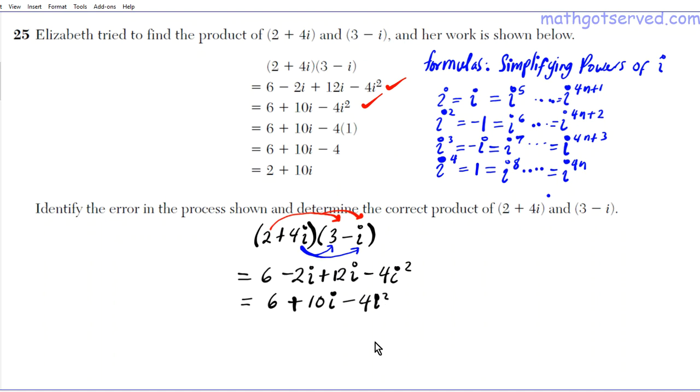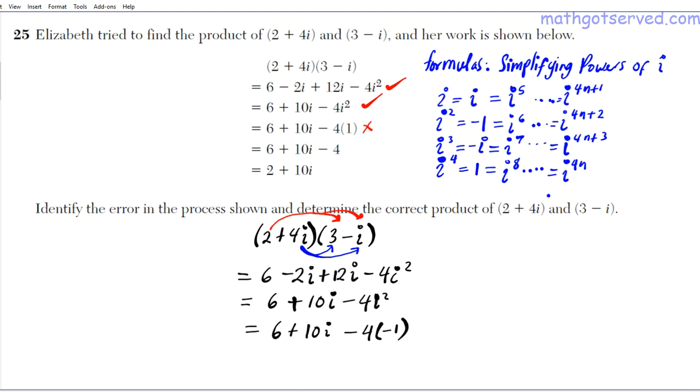Now, remember, if you have powers of i that are greater than 1, you have to reduce it. Okay? So we have 6 plus 10i minus 4. This i has a power that's greater than 1, so we're going to use this rule right here. i squared reduces to negative 1, so it's 4 times negative 1. Alright, let's see what we have.